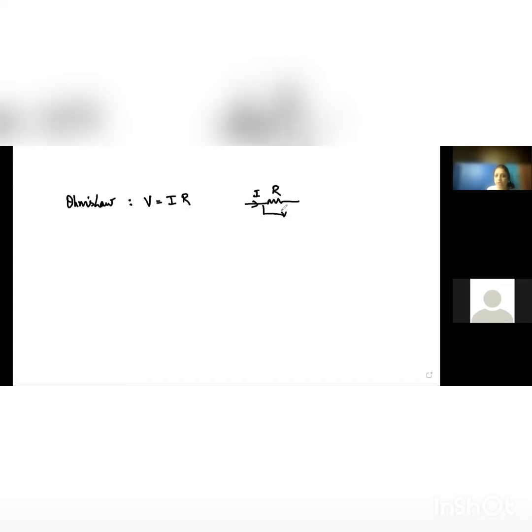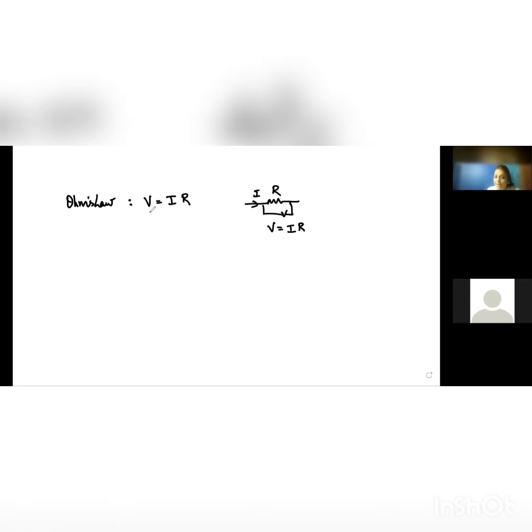This is the potential drop across the resistor, and this potential drop is equal to R into I. Where R is a constant, or temperature is a constant. Only when temperature is constant, resistance will remain constant. Otherwise, it varies. You have seen the thermal coefficient of resistance. We saw that in our previous classes.